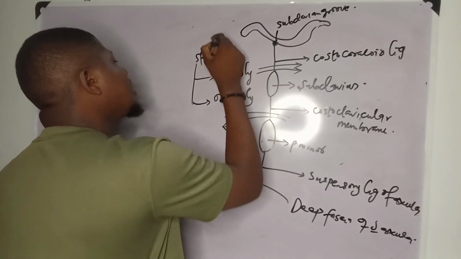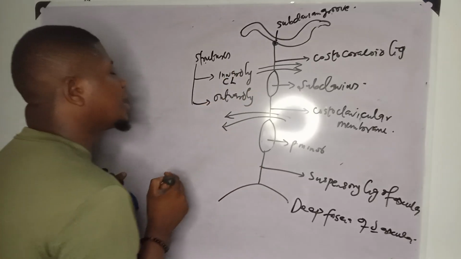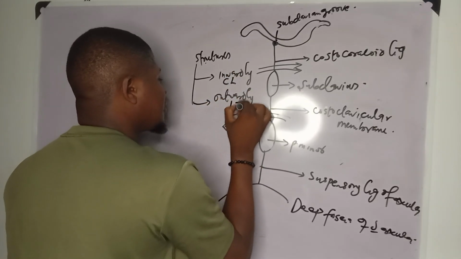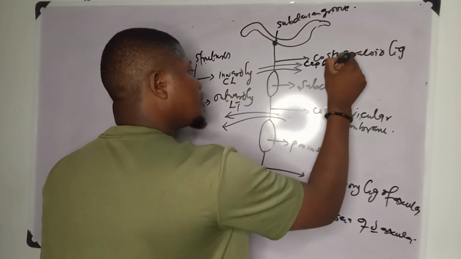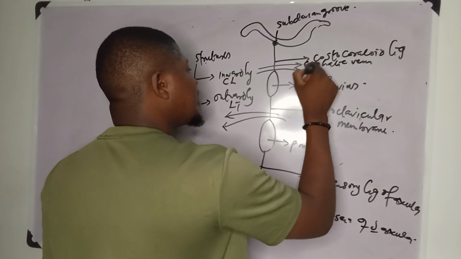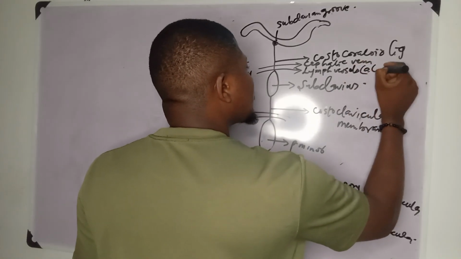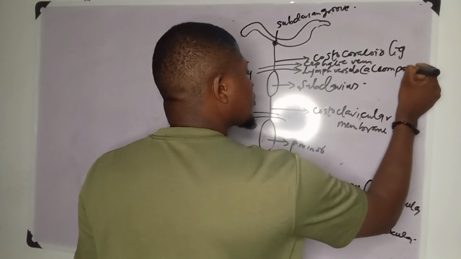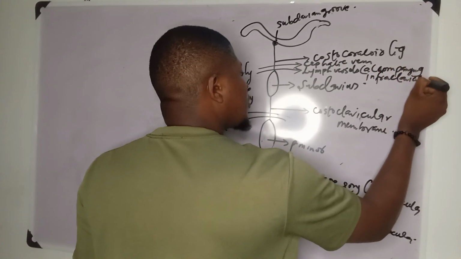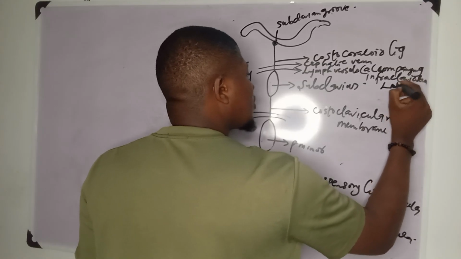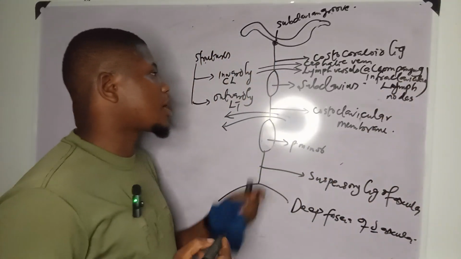For inwardly, I will say CL. C is the cephalic vein, and L is the lymph vessels accompanying the infraclavicular lymph nodes.